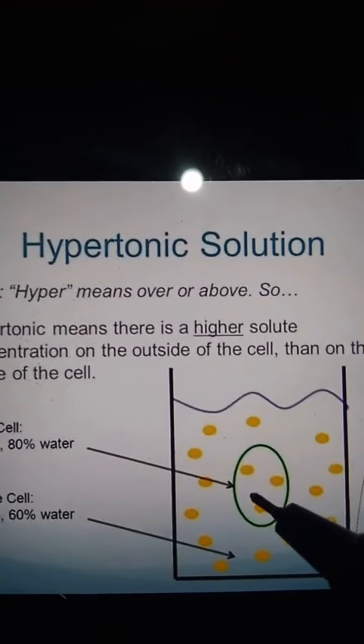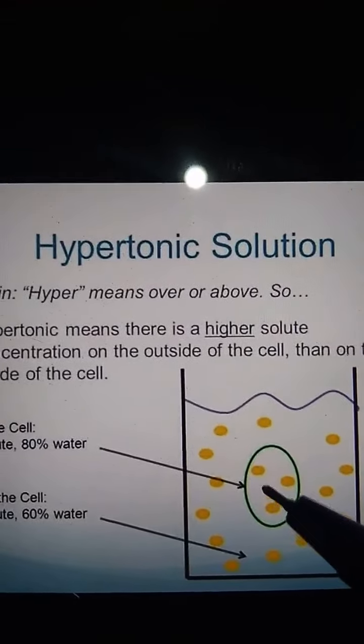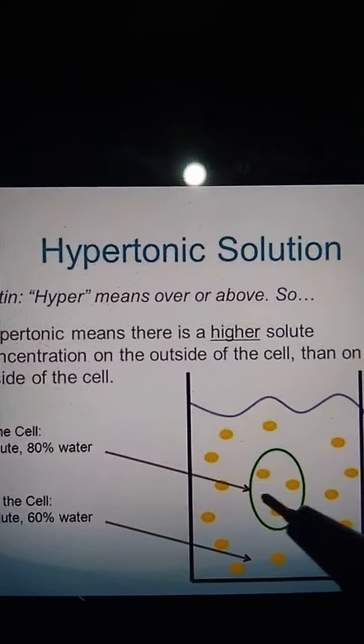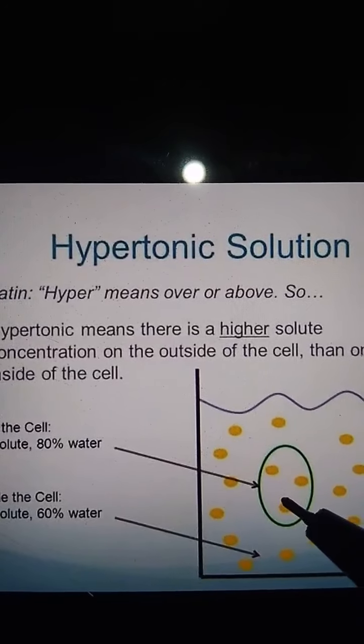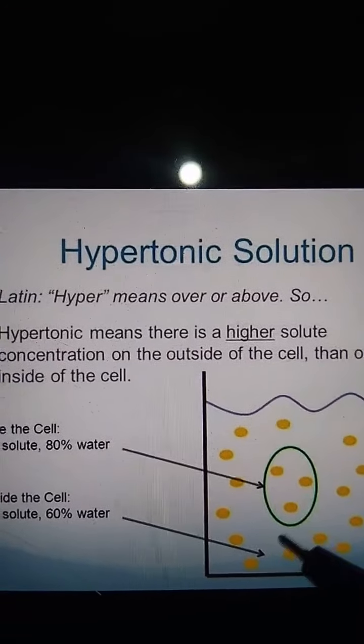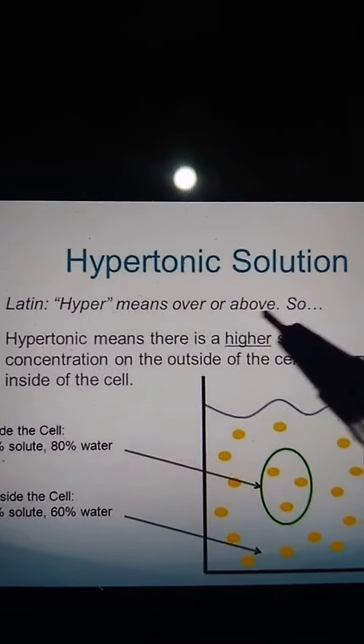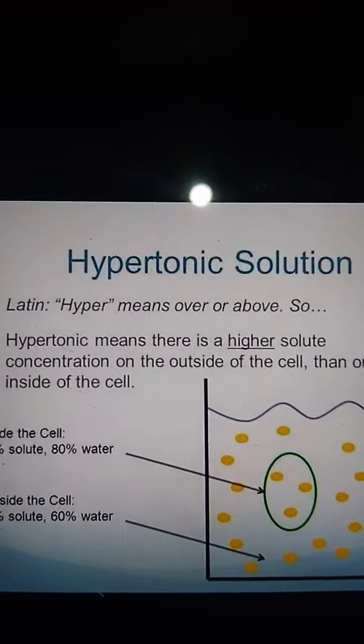Now what will happen? Here the water concentration is large and outside the cell the water concentration is lower. Then the water will move out from the cell and will go into the medium, and such kind of solution is known as hypertonic solution.